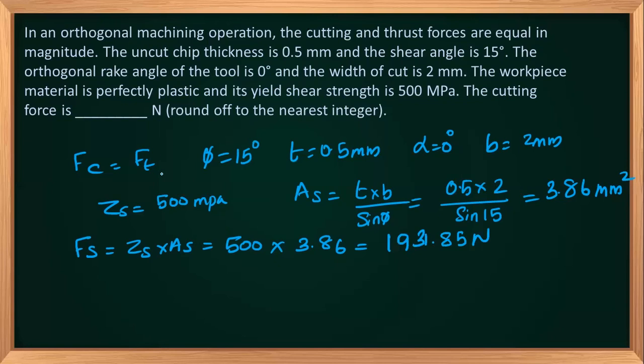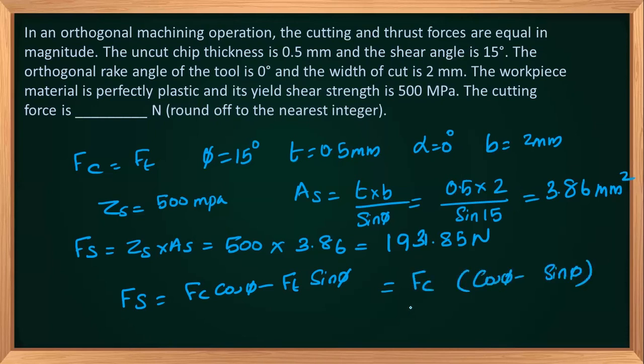Even without that, you can calculate. We know that Fc equals Ft, so Fs equals Fc into cos phi minus sin phi. So Fc will be equal to Fs divided by cos phi minus sin phi.